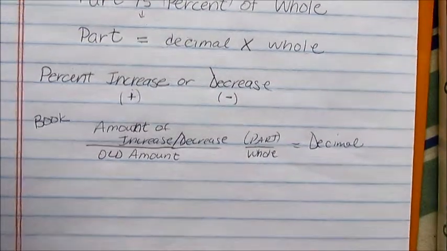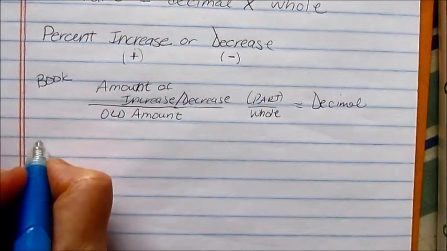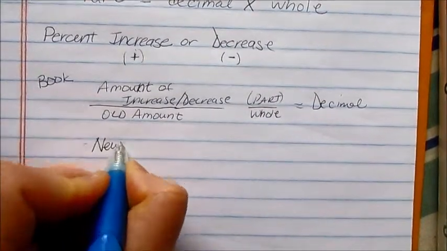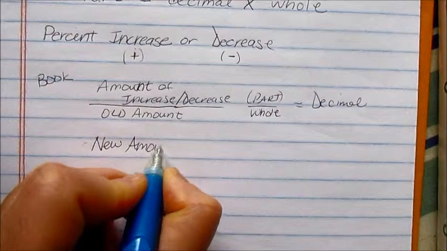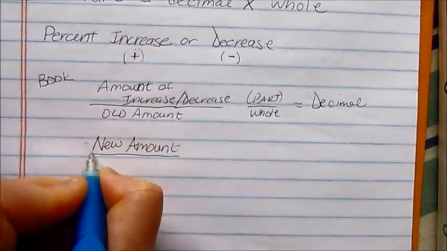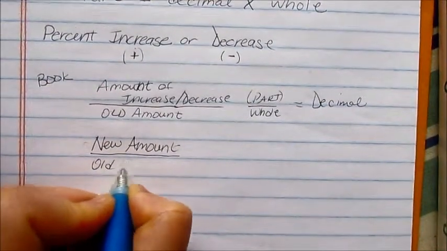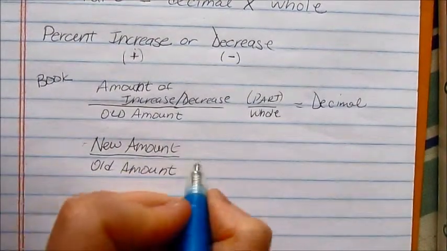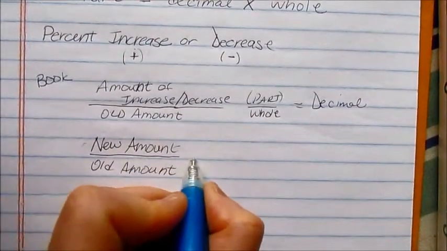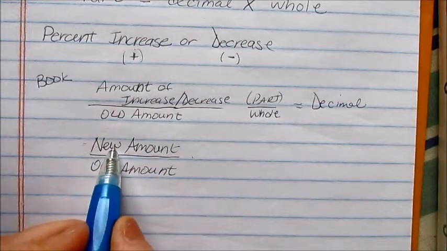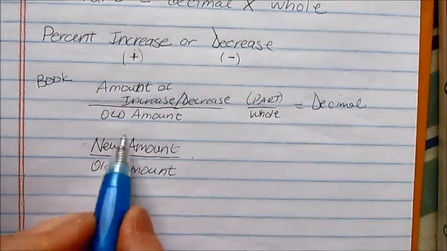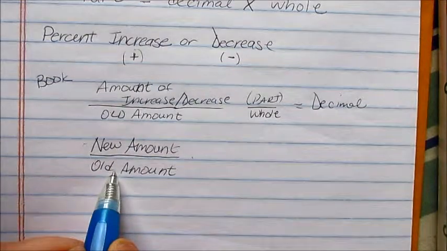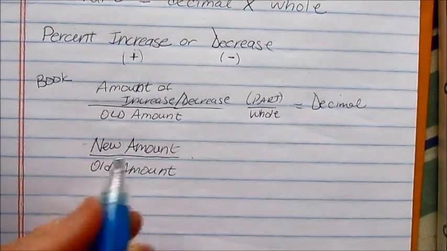I'll give you a shortcut for this. If we just do the new amount over the old amount, remember, this is a decimal. If new is larger than old, it will be more than 1. If new is less than old, it will be less than 1.